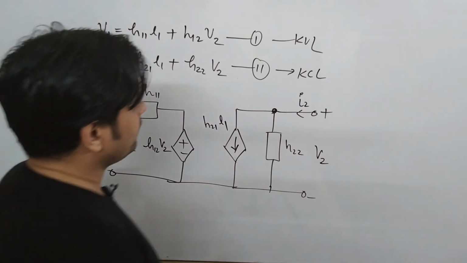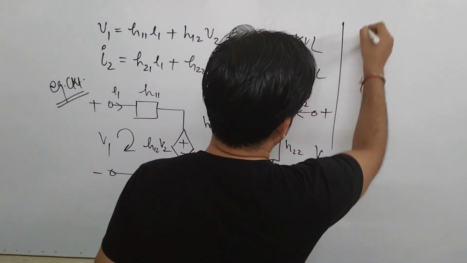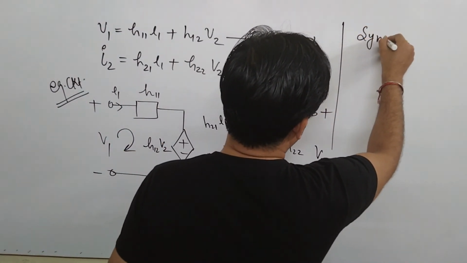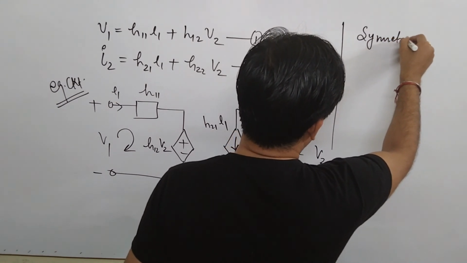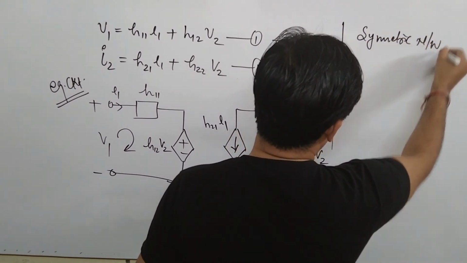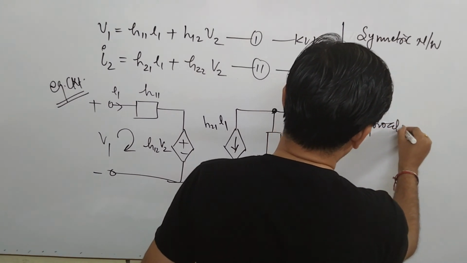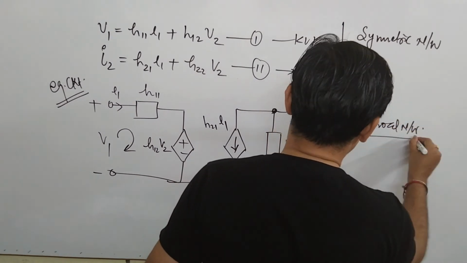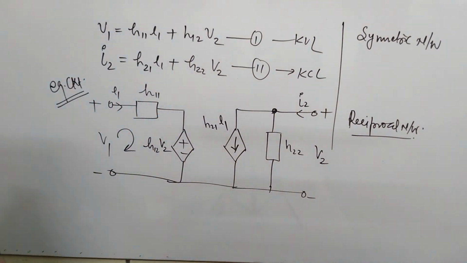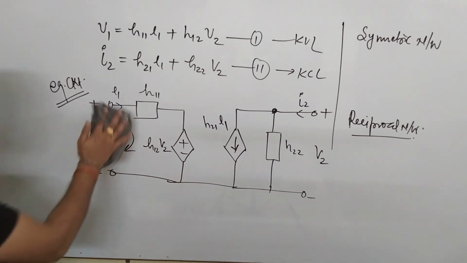Finally, the condition of symmetric network and reciprocal. For that we will draw the H matrix, that is hybrid matrix, and then we'll try to understand the condition of symmetry and reciprocity.